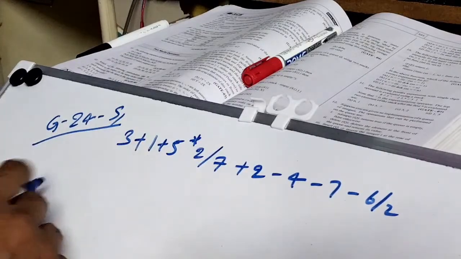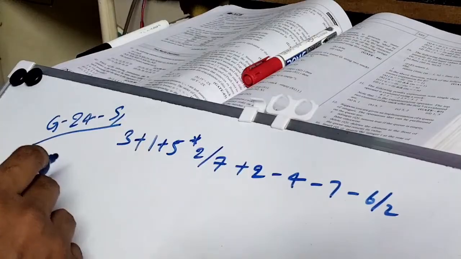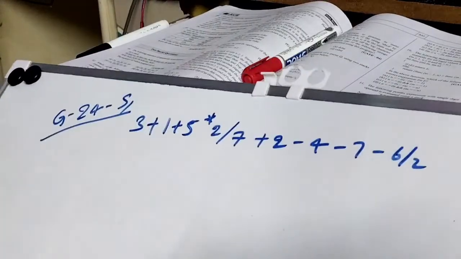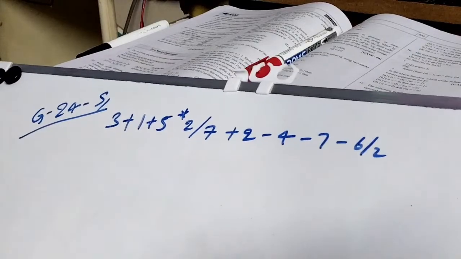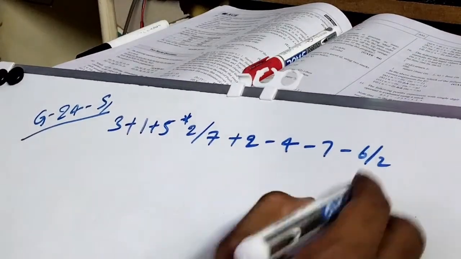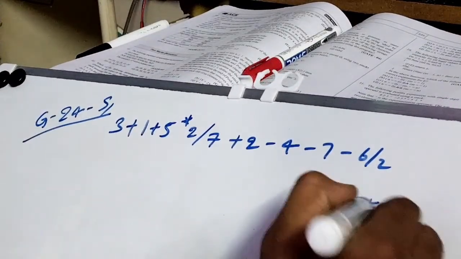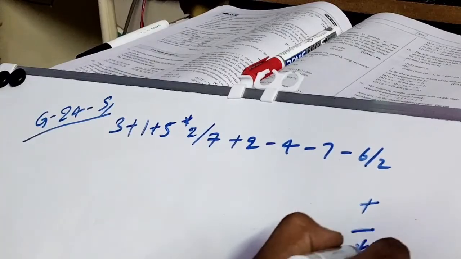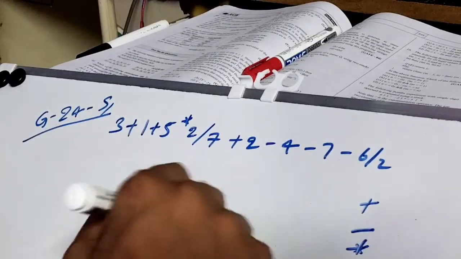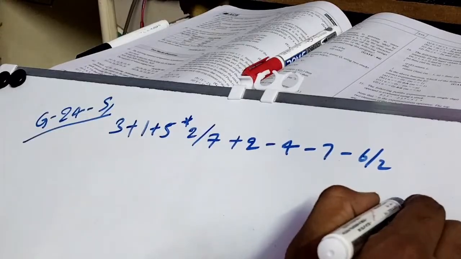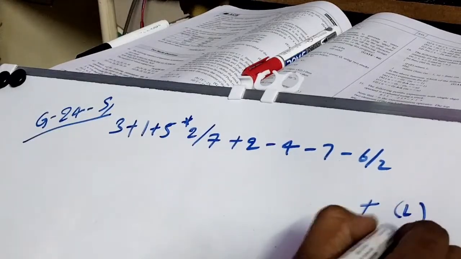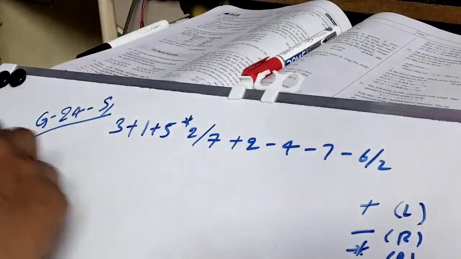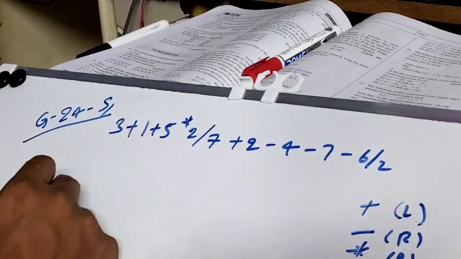They have given the order: plus is the highest, then minus, then into, then divided. The highest is left associative, and the remaining are right associative. So let's solve.